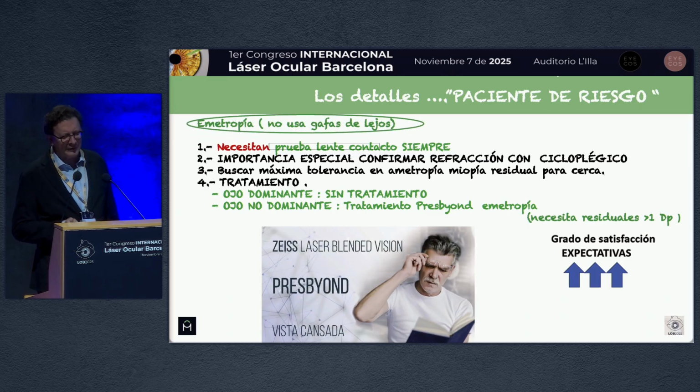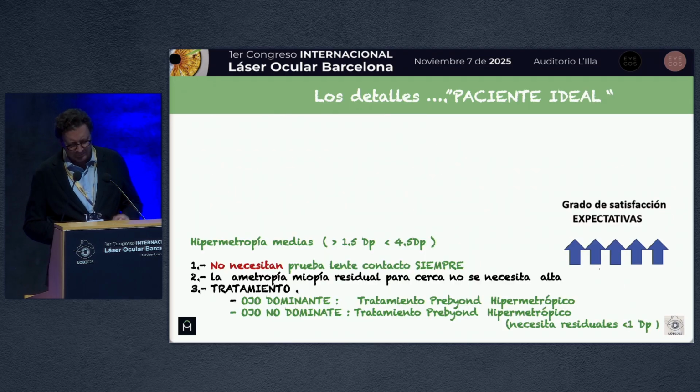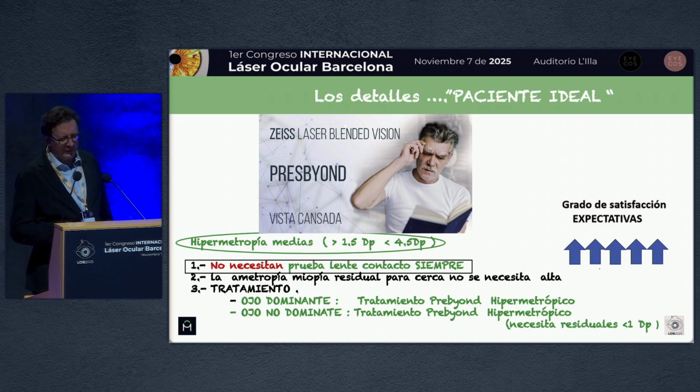Here, risk patients, emmetropia patients. In this case, the dominant eye we don't treat, the non-dominant eye we do emmetropia Presbyond treatment. We need residuals that are high because we won't do many aberrometric changes. And the ideal patient is in this range, 150 plus 3, hyperopia.